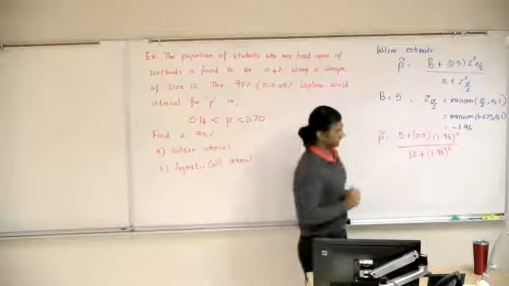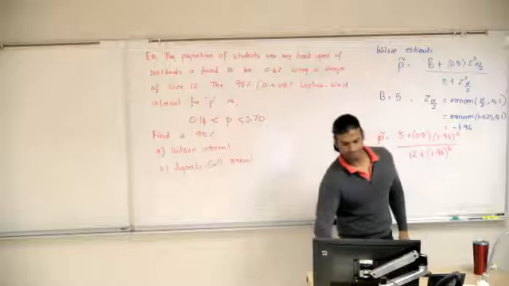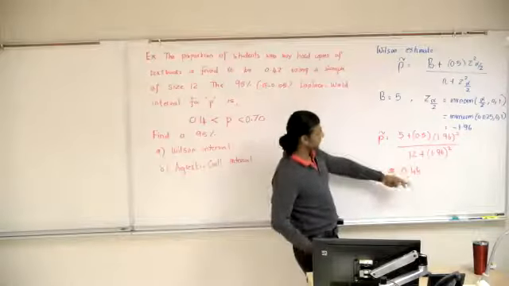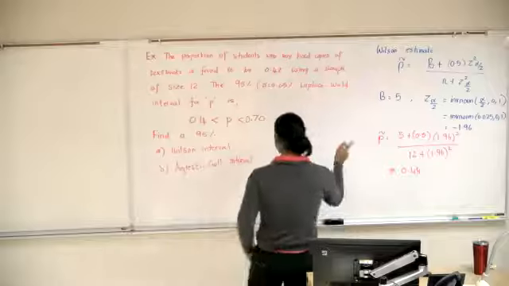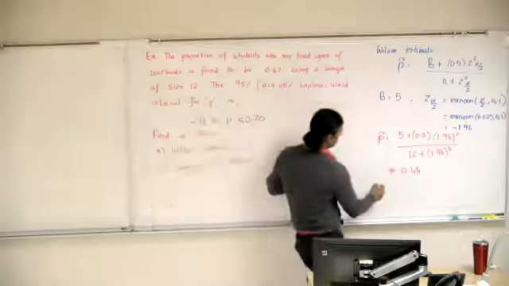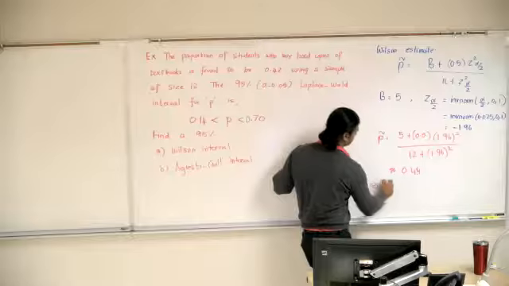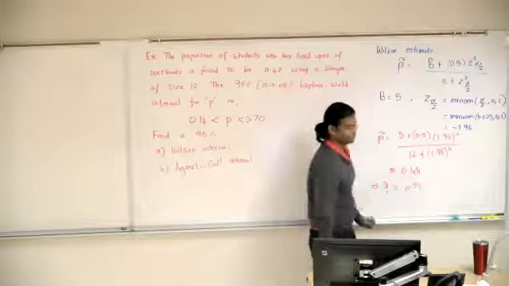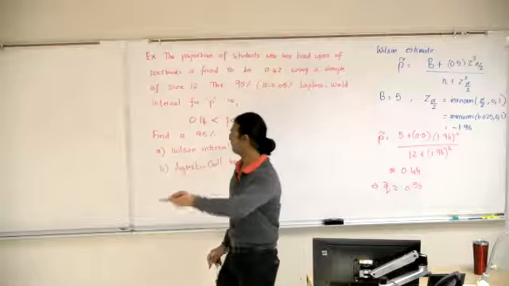And what do we get? So a subtle difference, small difference, but difference nonetheless. So P tilde is 0.44, which would imply Q tilde, once again, approximately would be 0.56, 1 minus P tilde.